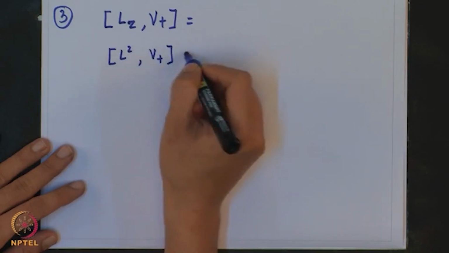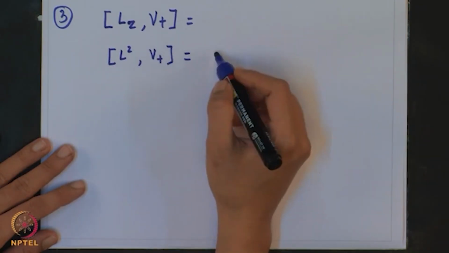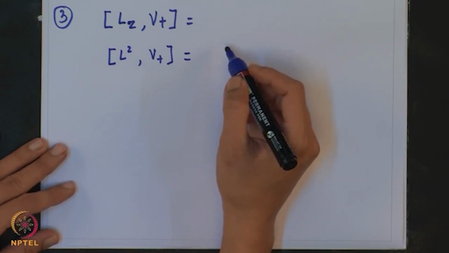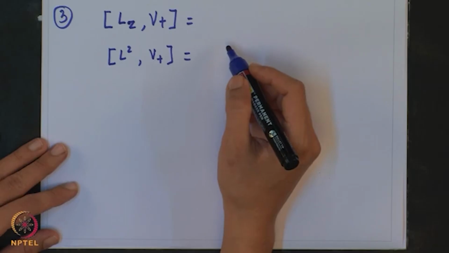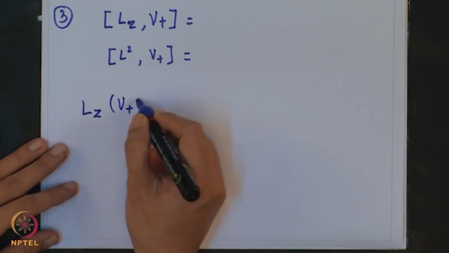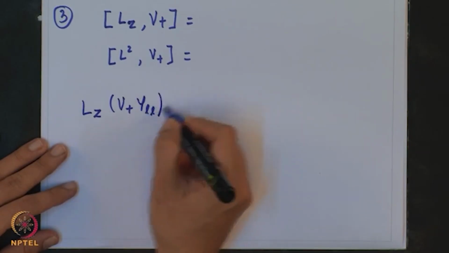These two relations are given to you and you have to calculate what happens when Lz V plus acts on |ψ_LL>.